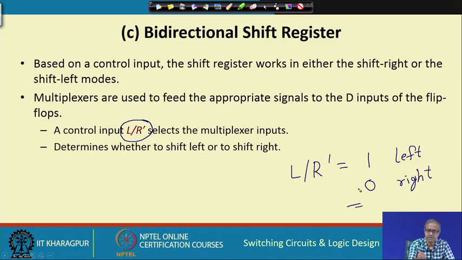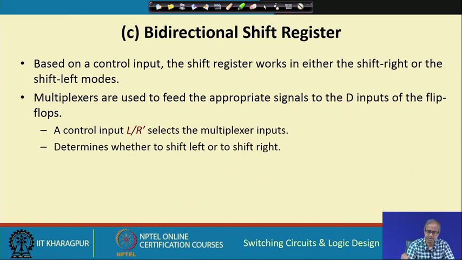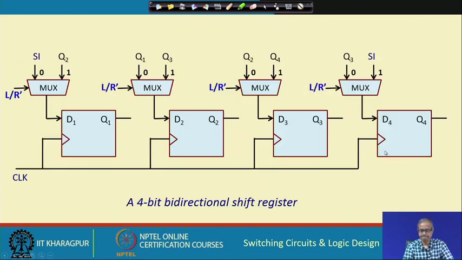Let us see how the design looks. This is the design of the bidirectional shift register. There are 4 flip flops just like a normal register. Now, I have not connected Q 1 to D 2 or Q 2 to D 3 directly; rather, I am using 4 multiplexers.